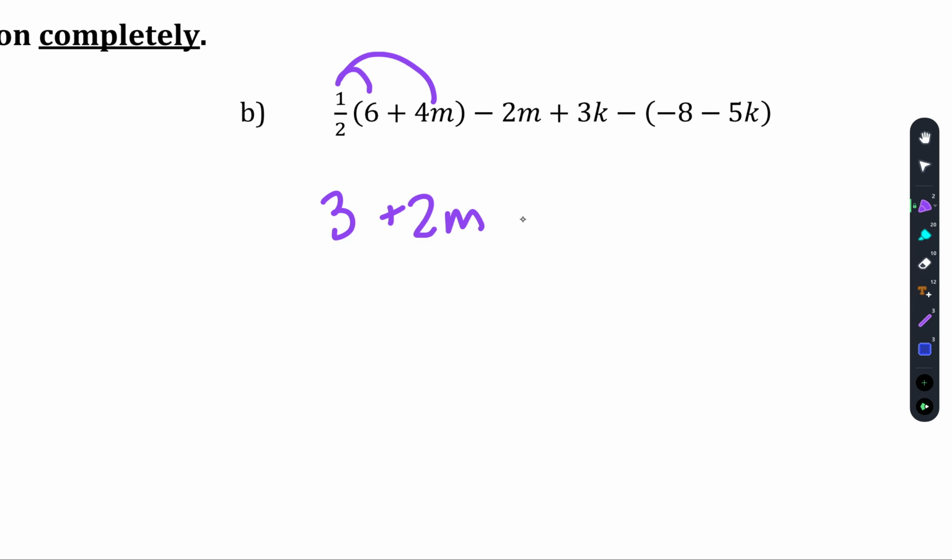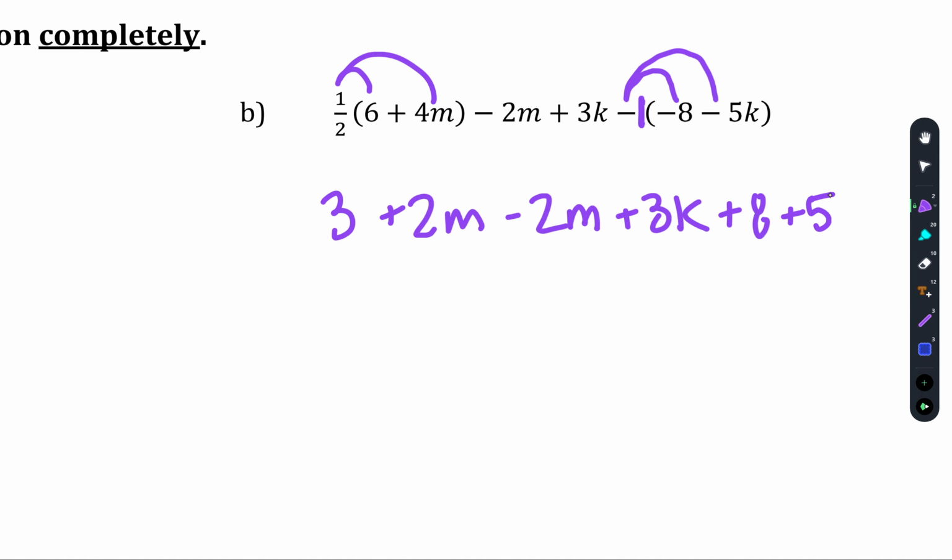My other distribution, let's drop the rest of this down before I start talking about distribution. My other distribution is right here. Remember that implied 1 in the front? Not going to forget about that. I'm going to distribute that to the 8. So -1 times -8, positive 8. -1 times -5k, positive 5k.